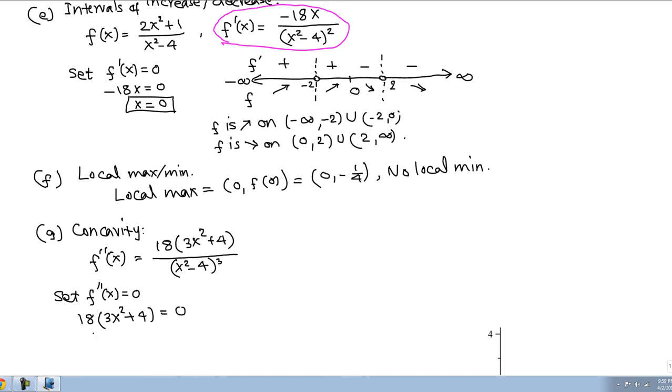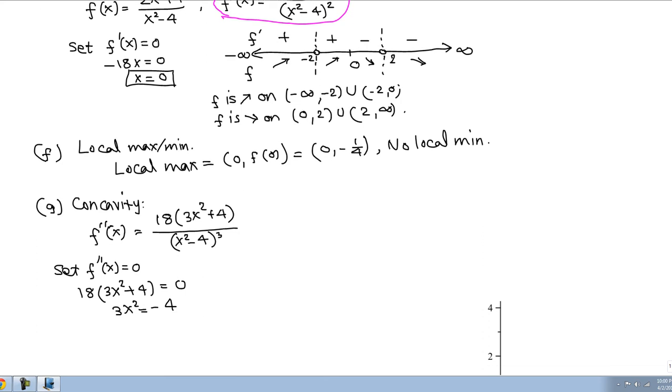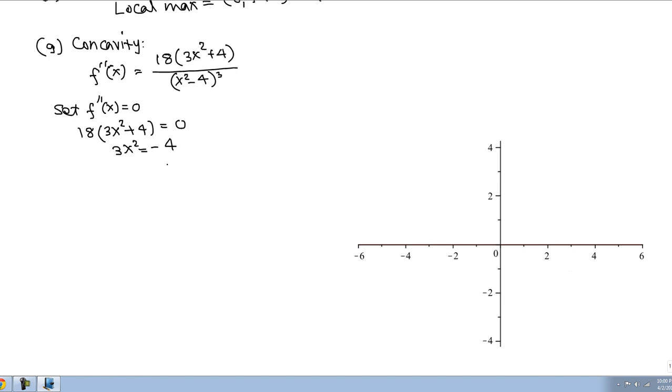Divide by 18, so 3x squared plus 4 equals 0, and move 4 over, so 3x squared equals negative 4. Divide by 3, we get x squared equals negative 4/3.